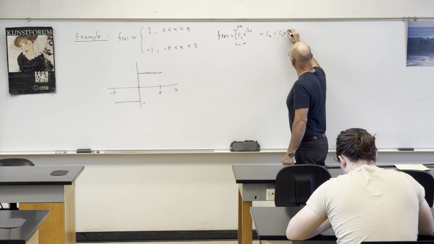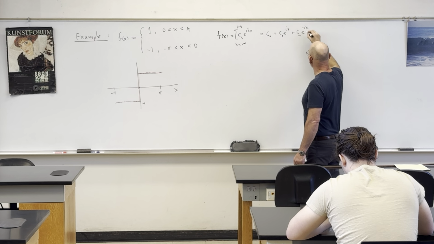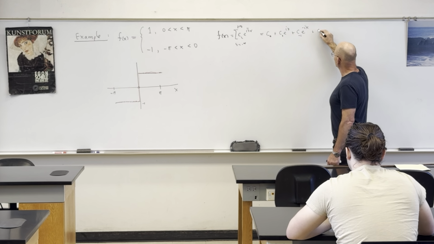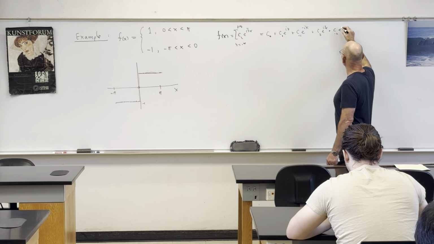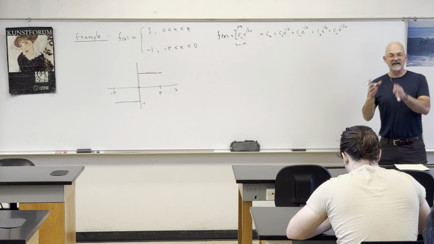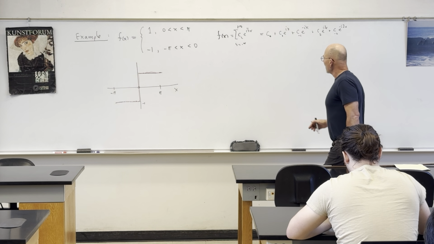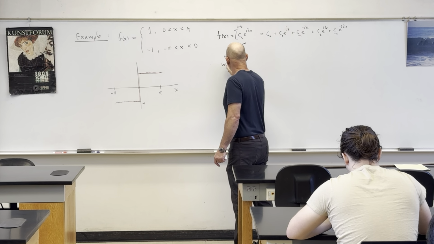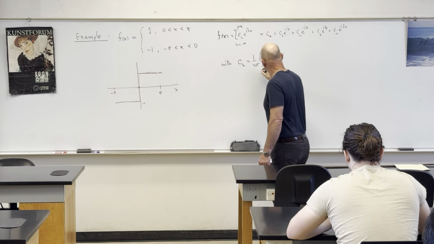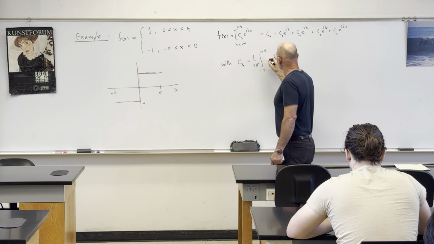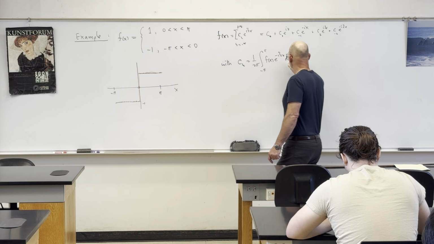So c sub 1 e to the I x plus c sub negative 1 e to the minus I x plus c sub 2 e to the I 2x plus c sub negative 2 e to the minus I 2x. Right? You can see that kind of building in that form. Because yeah, this thing here, with c sub k equal 1 over 2 pi, integral of f of x e to the minus I kx dx.